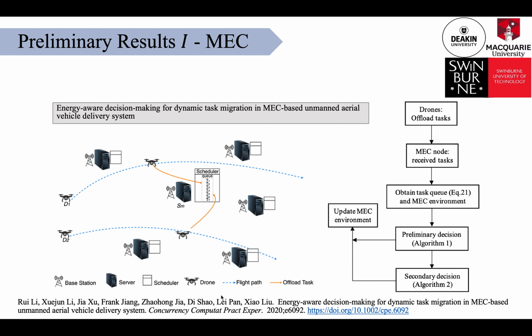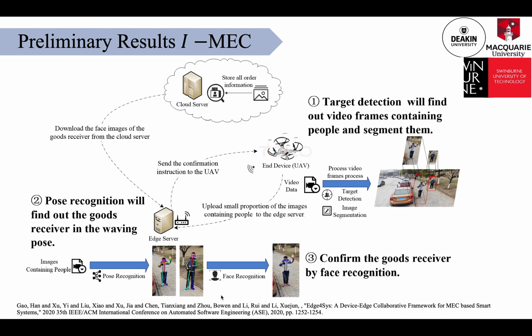We also proposed an energy-aware decision-making strategy for dynamic task migration, named GAD, to optimize the UAV energy consumption. In addition, to take full advantage of MEC, an effective collaboration between the end devices and the edge server is essential.